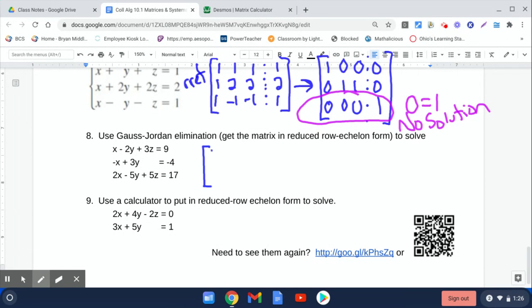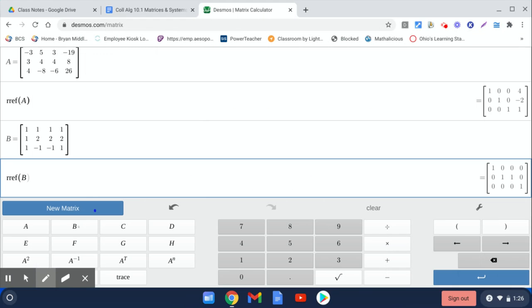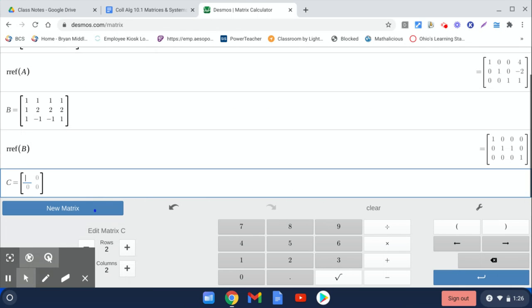So we're going to make the augmented matrix 1, -2, 3, -1, 3, 0, 2, -5, 5, and then we're going to put the answers over here. That's a 17. And we're going to put this in reduced row echelon form. We're going to have Desmos do that for us. So coming over here, we need a new matrix.